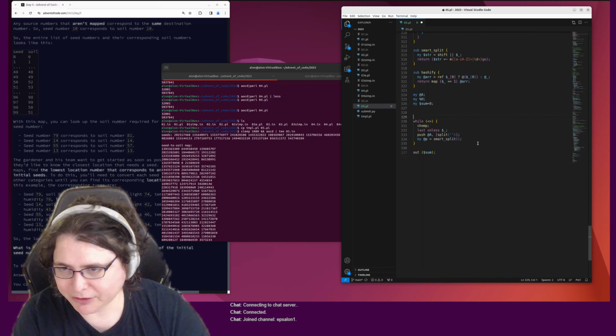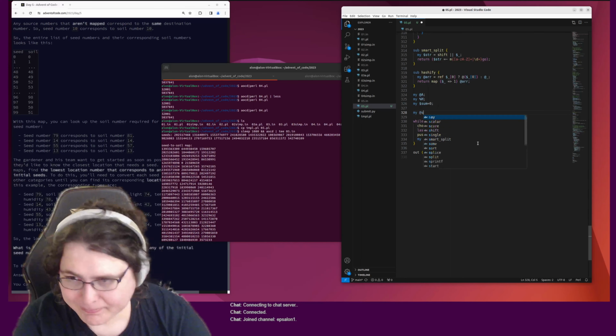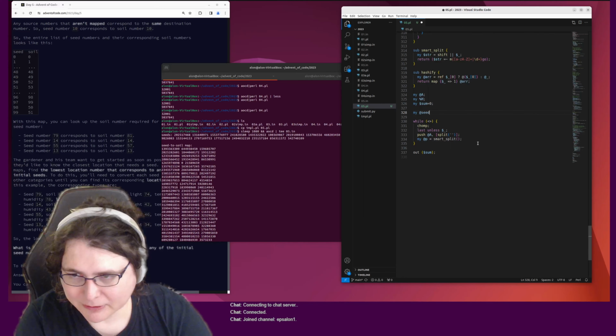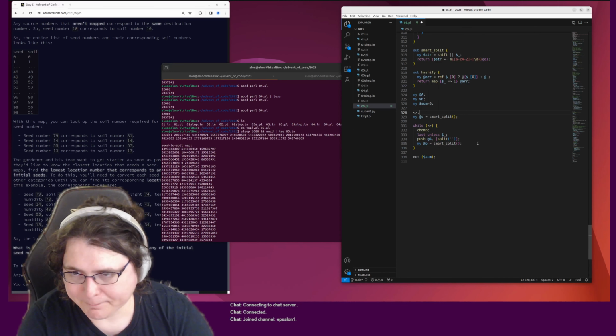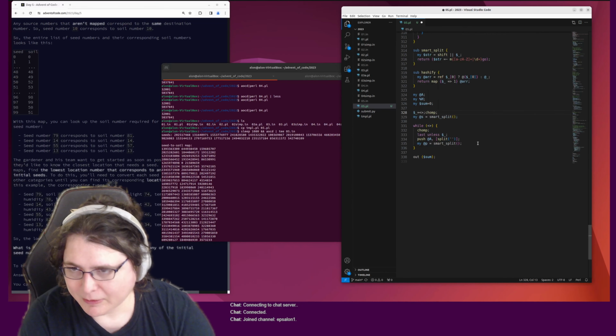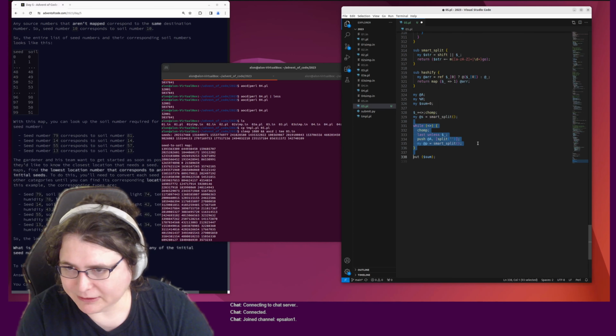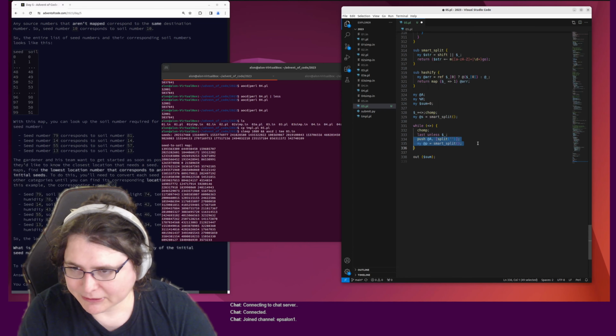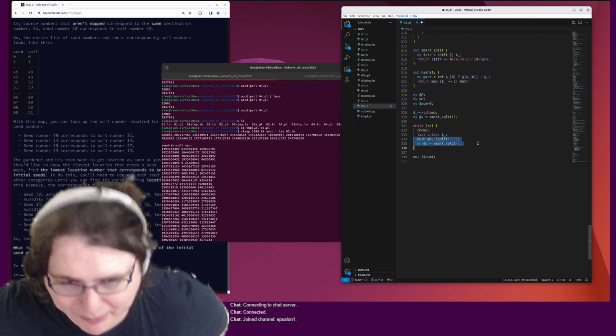So first of all, S equals the seeds. Now I need to do the following template. Now I need the mapping.